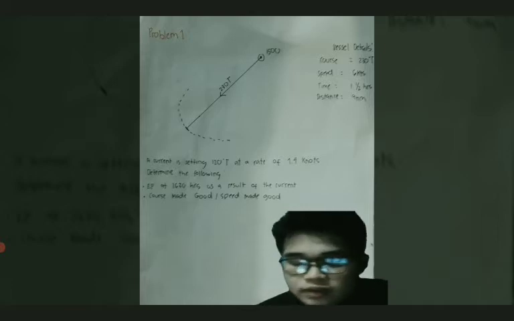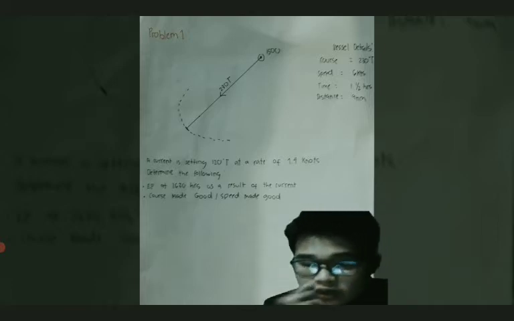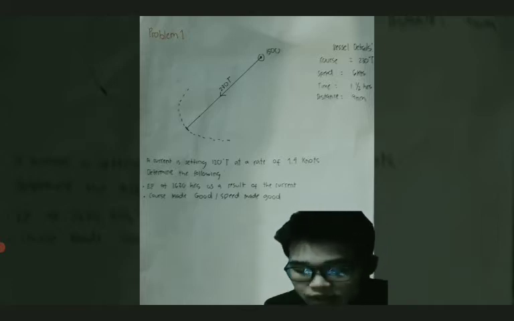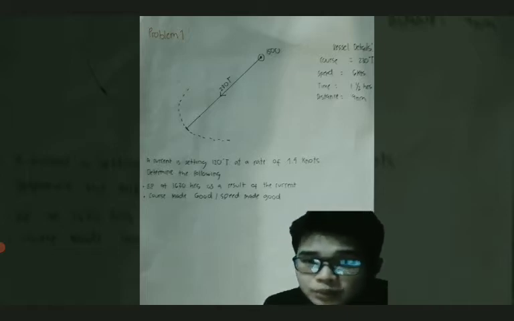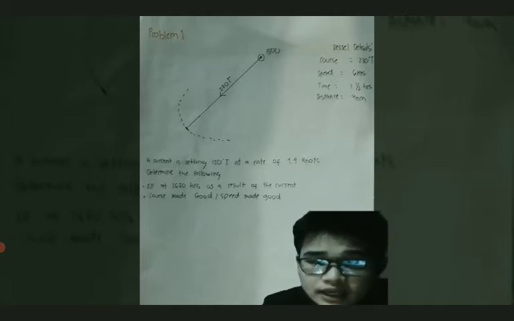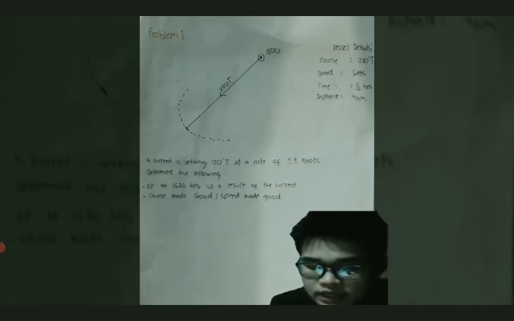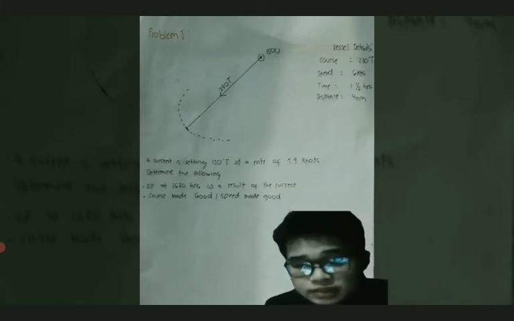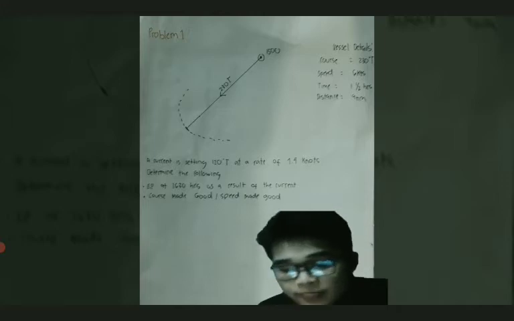First and foremost, we will draw a circle and a dot. It is our starting position at 1500 hours, and we will draw our line in the bearing of 230 degrees and the distance of 9 nautical miles. We will measure it with the compass to determine the approximate nautical miles.